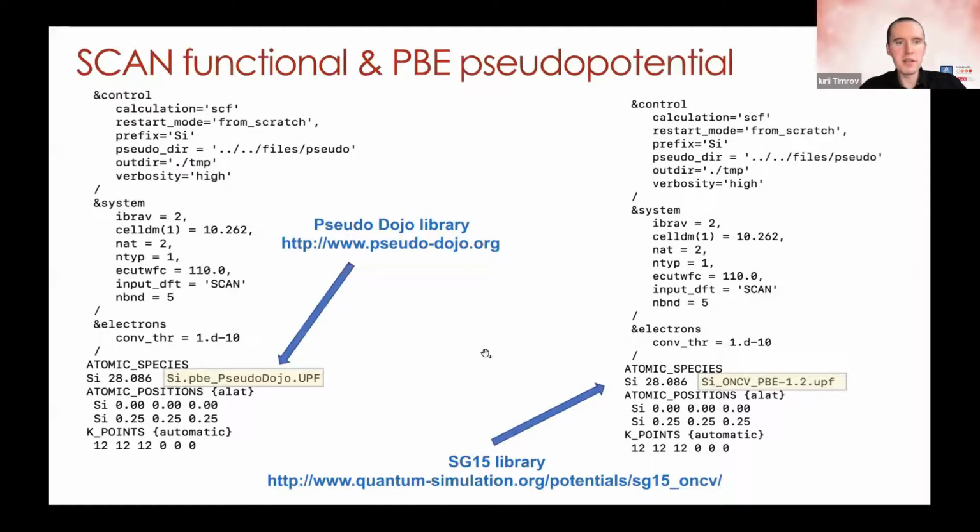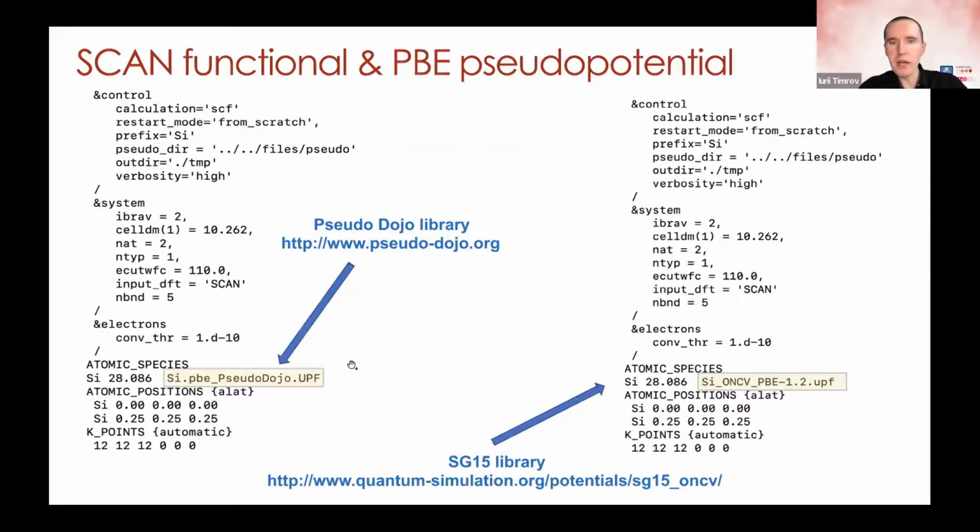As I told you, we used the SCAN pseudopotential. We were lucky to find it. But we are not always lucky, and sometimes we can't find the SCAN pseudopotential for our system of interest. So what people do, they use pseudopotentials that were generated using simple local or semi-local exchange correlation functionals like PBE, for example.